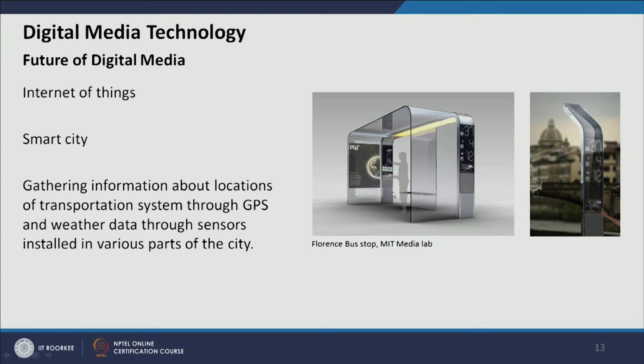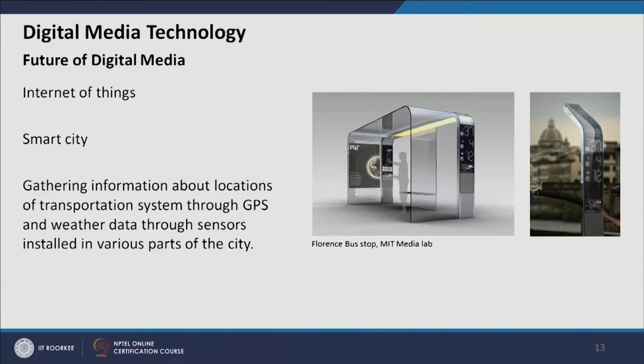So this display system is connected with the GPS system of the bus's location, as well as the sensors throughout the city, and the city can be transformed into a living laboratory, and all the sensors will collect the pollution level, temperature and humidity data, and feed that to this bus stop. So this is actually a concept of Internet of Things, which connects all the sensors throughout the city and all the GPS systems, and exchanges information amongst them.